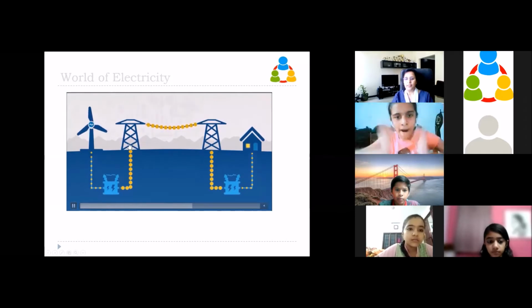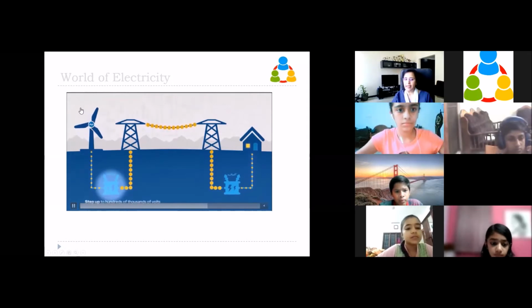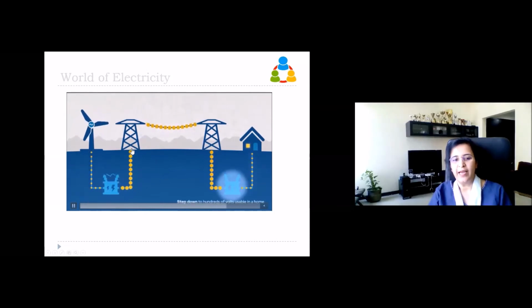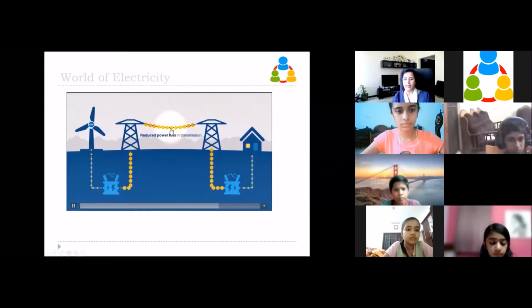Okay, so this is the transmission line, which I told you about in the previous class. Previously, it is produced by maybe a windmill or any other source. The voltage is increased by this transformer, and it goes into the transmission line, travels many kilometers, and reaches our home.